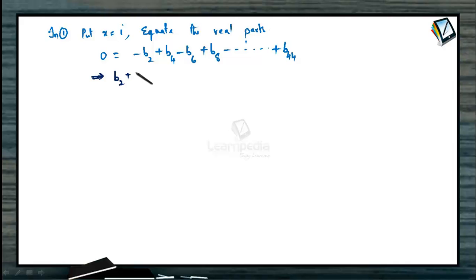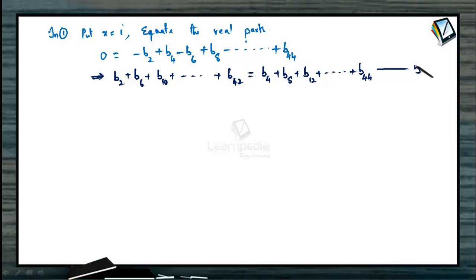We can write b2 plus b6 plus b10 and so on, where the indices leave a remainder 2 on dividing by 4, up to b42, is equal to the other coefficients which have plus sign, that is b4 plus b8 plus b12 plus, these are the coefficients which are multiples of 4, up to b44. Now this is our equation 5.